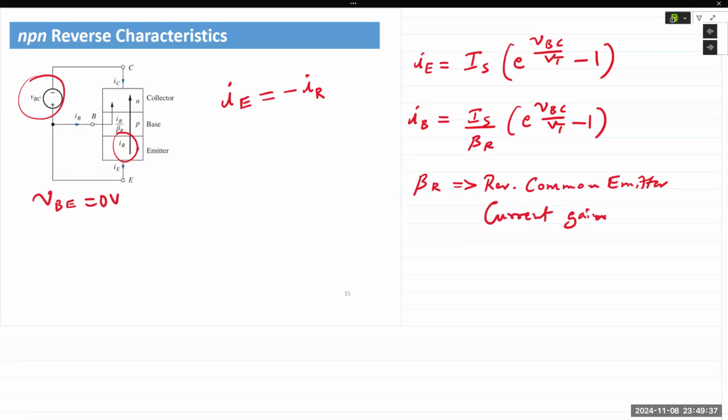And finally, of course, we can write IC is equal to IB minus IE.